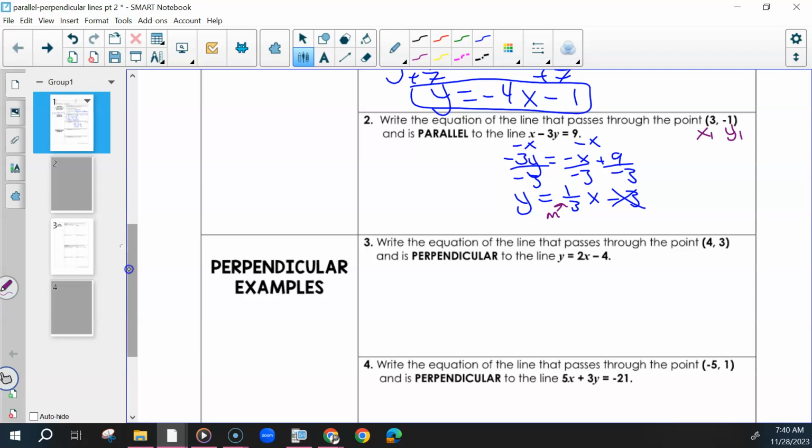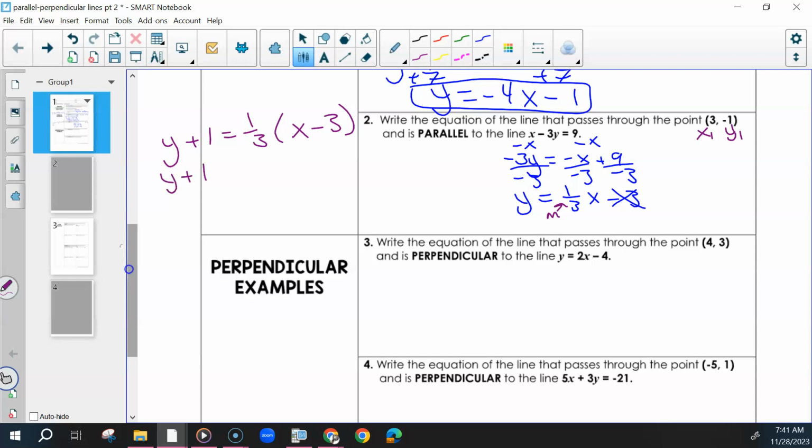Put those into our equation and solve. So y plus 1, or you put minus 1 and then change it to a plus, equals 1/3 times x minus 3. And the only time you're changing it to a plus is if it were already negative, because you're supposed to be subtracting no matter what.